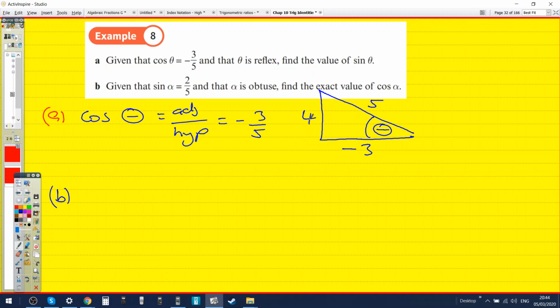And so using that, we have to get sine theta. What is sine theta from the triangle? Sine theta is opposite over hypotenuse. So 4 over 5.